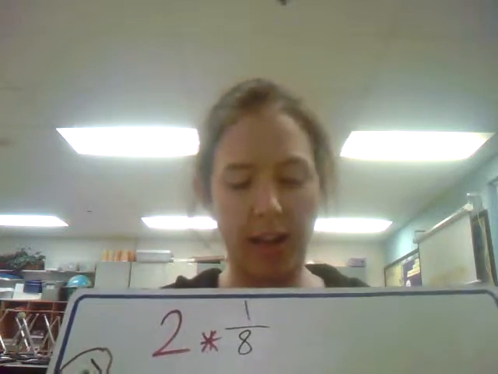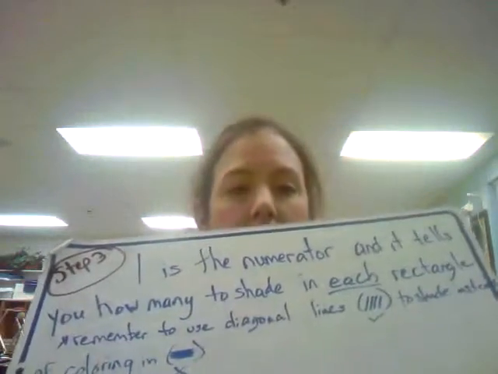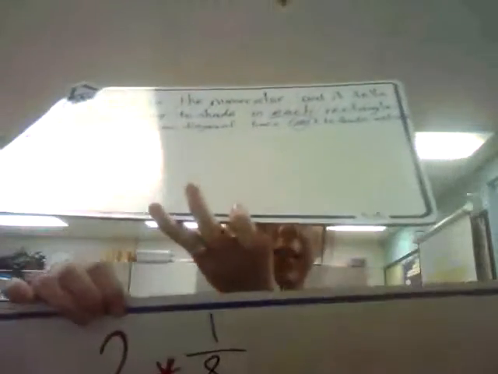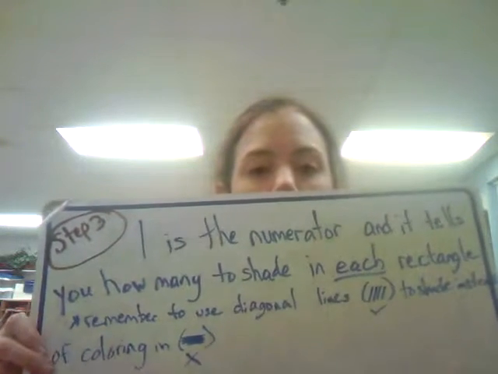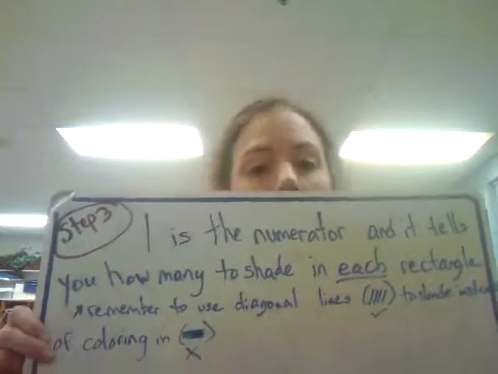All right. Then we have step 3. So step 3, 1 is the numerator in this problem. So 1 is the numerator, and it tells you how many to shade in each rectangle.